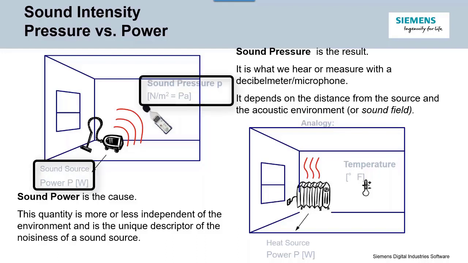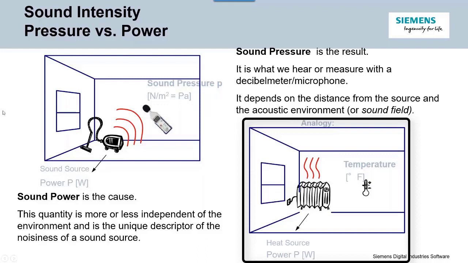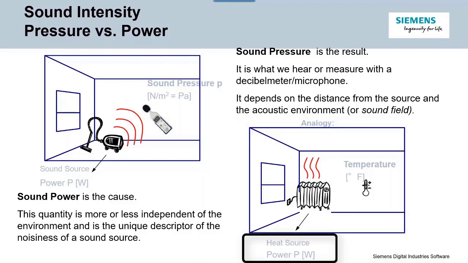This sound power and sound pressure are analogous to a heat source in a room, which is shown in the bottom right-hand side picture here. If there is a heat source in a room, like a heater, the total amount of heat energy radiated from it is quantified in terms of power, or watts.